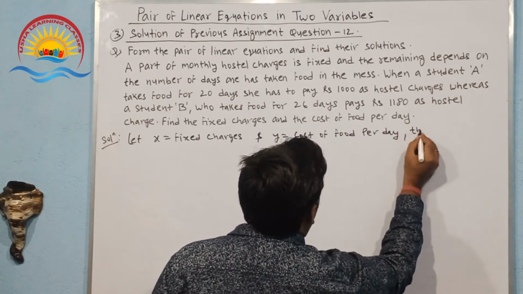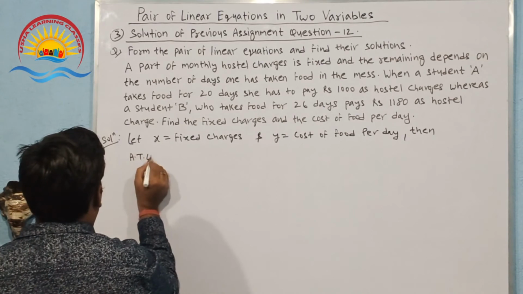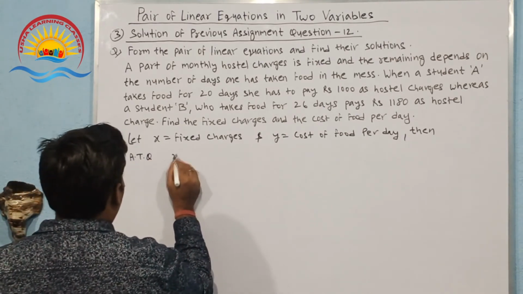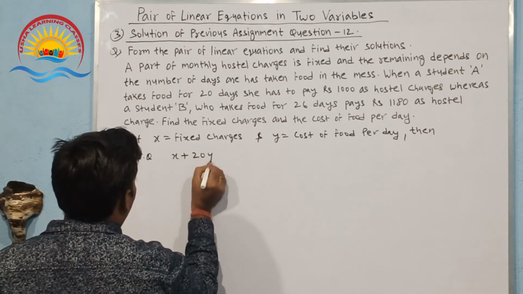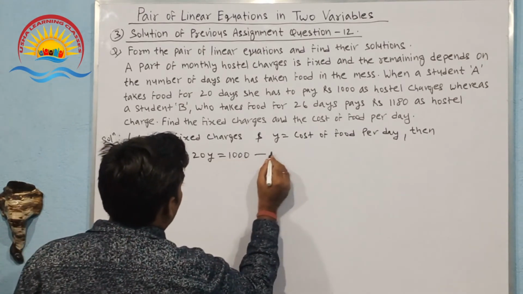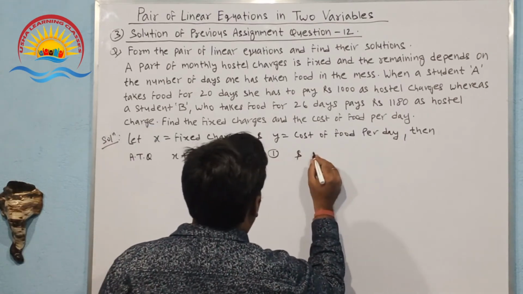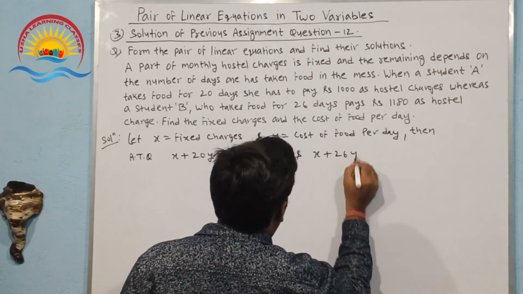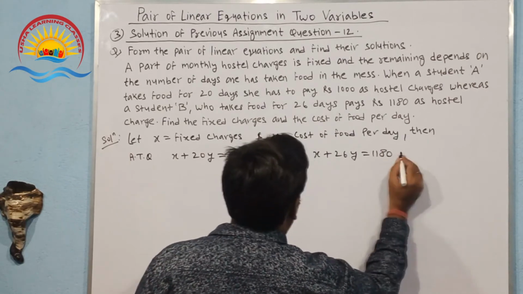Then, according to the question, x plus 20y equal to 1000. This is equation 1. And x plus 26y equal to 1180. This is equation 2.